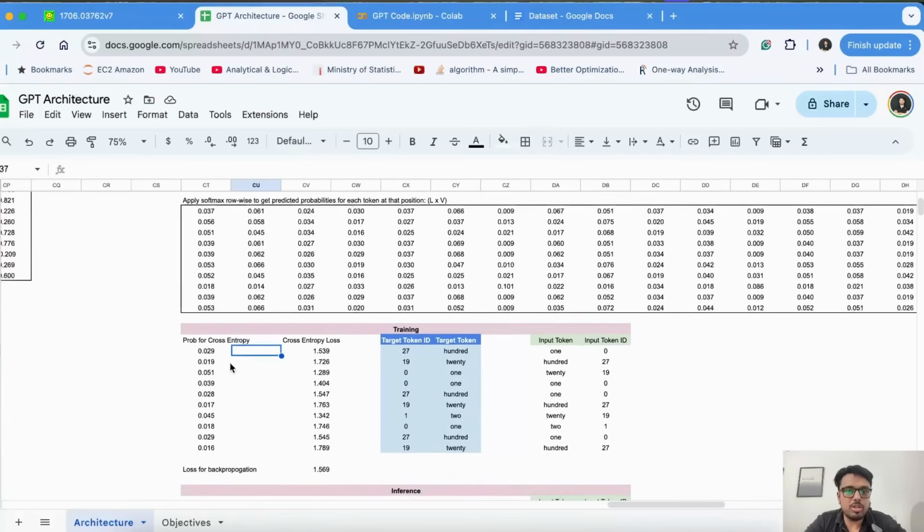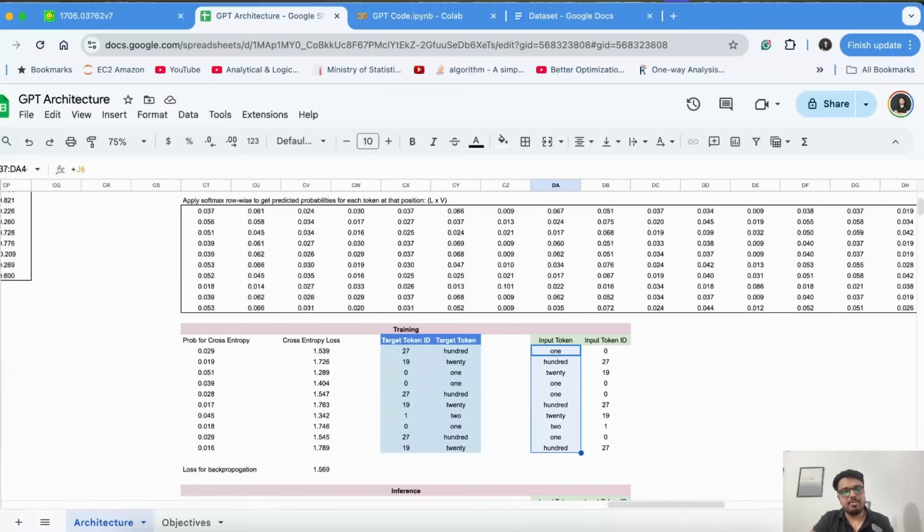So on and so forth, it does this across all the input token IDs and target token IDs. That's how any transformer architecture is trained.